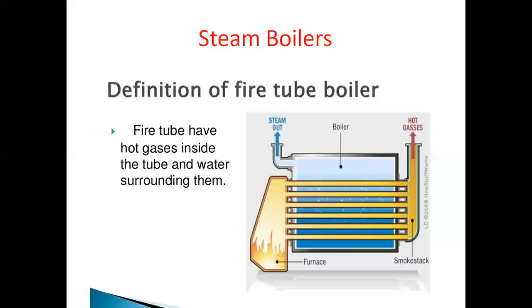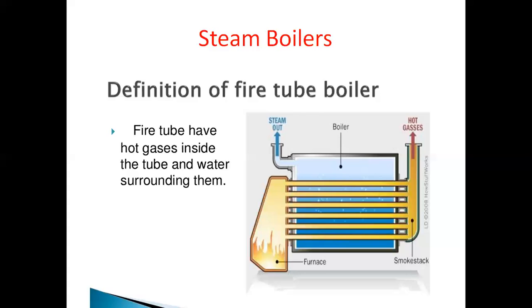Then we discussed the types of boilers. According to the content in the tubes, boilers are of two types: fire tube boiler and water tube boiler. When we say fire tube, the hot gases flow through the tubes, which are surrounded by water.